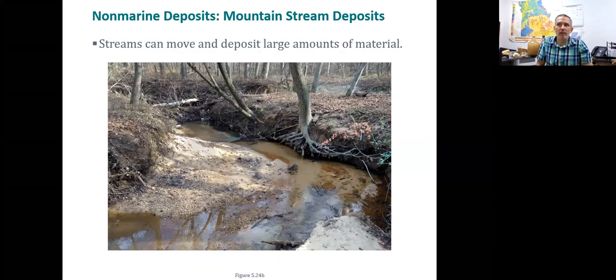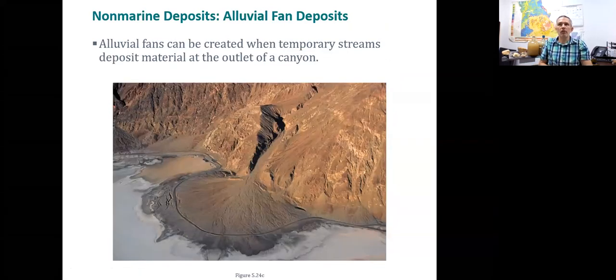Some other non-marine deposits of materials here, some reworked materials associated with this gravel bar. As this river is washing this material away, it's cutting away at this bank, but it's depositing material right here. Here's an alluvial fan.